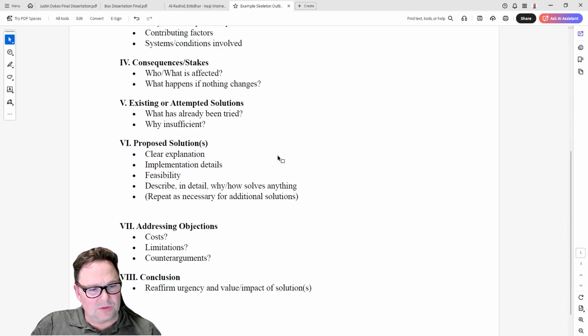This paper is really an opportunity for you to put on your thinking caps and take a look at some actual problems, like we've talked about in class, whether they're related to your discipline or your major or the career that you want to go into. Take a look at the reading, take a look at the source material, and see if you can come up with something novel that hasn't been brought up yet.